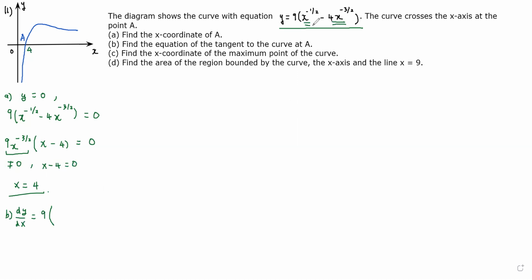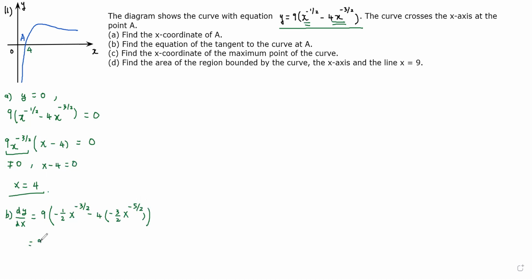We just keep this and we differentiate this term by term. So upon differentiating, we have negative 1/2 x to the negative 3/2 minus 4. And for this case here, we have negative 3/2 x to the negative 5/2.